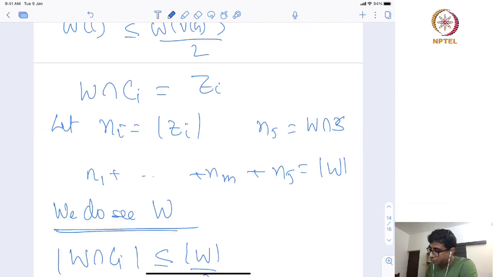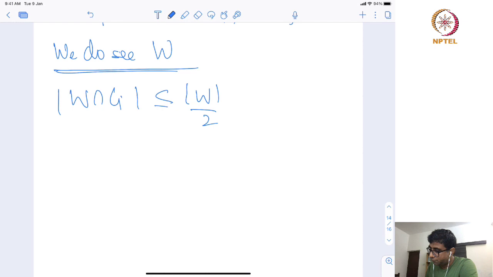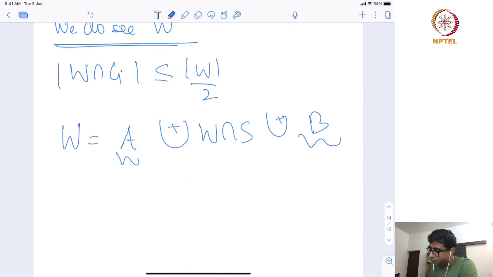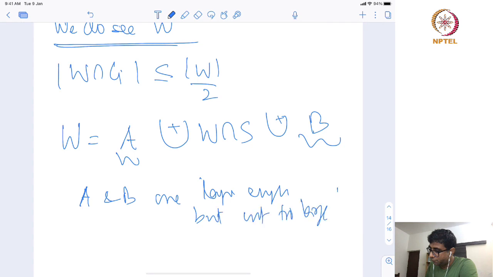And so I will say, look at W, we can partition W into A, some piece, disjoint union W intersection S, and B. Can I group W into these pieces such that A and B are large enough but not too large? We'll quantify what this means.